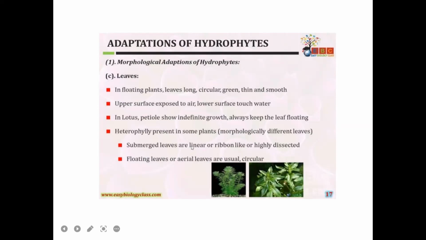Submerged leaves are linear or ribbon-like, or highly dissected, whereas the floating leaves or aerial leaves are usual and circular in shape.